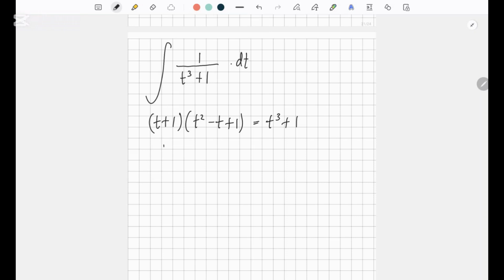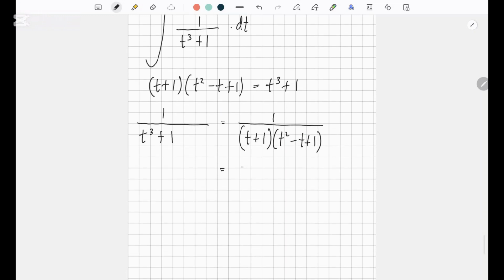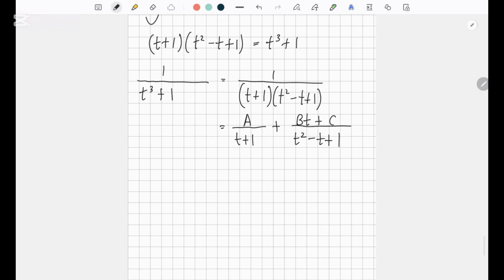into t squared minus t plus 1 gives you t to the power 3 plus 1. So 1 over t to the power 3 plus 1, you can write it as 1 over t plus 1 into t squared minus t plus 1. Now which you can also write as A over t plus 1 plus Bt plus C over t squared minus t plus 1 in partial fraction format.